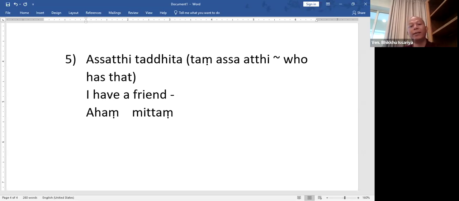So that is in Pali. That one is with the genitive case, mama. Have means ati. A friend means mittam.